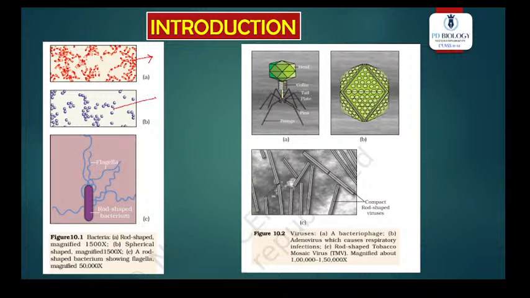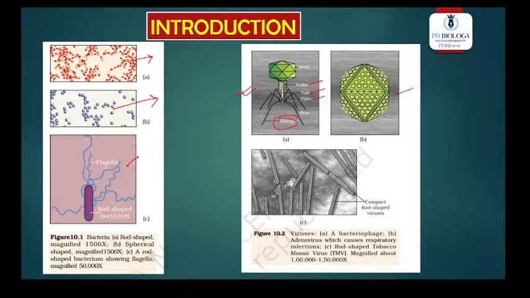These are the spherical shaped, and this is the structure of a rod shaped bacterium and its flagella. And here the well known bacteriophage, that's very important, we know this one. The head, the collar, the tail, the plate, the pins and the prongs are all shown here.